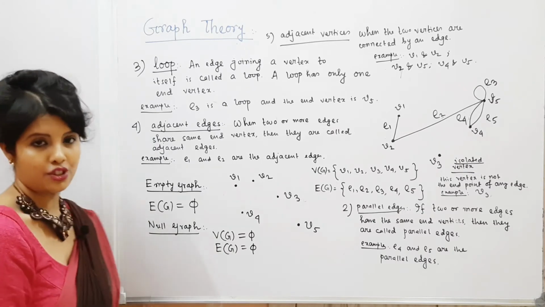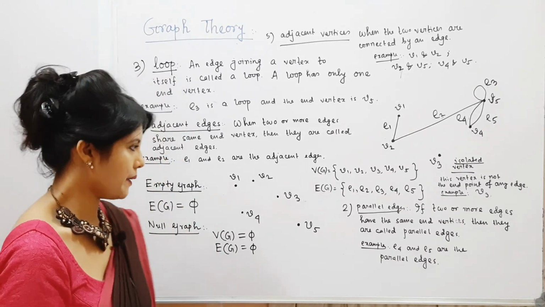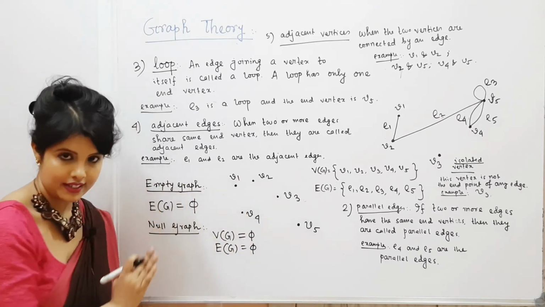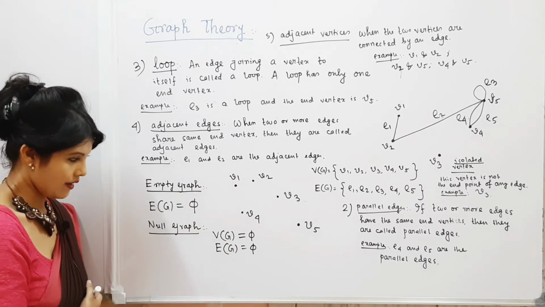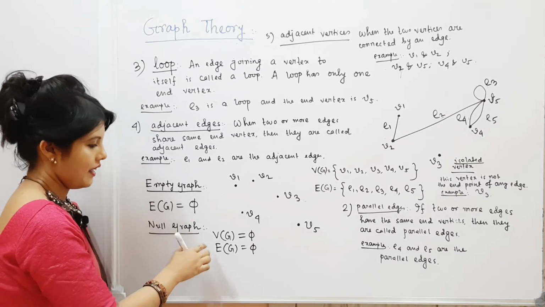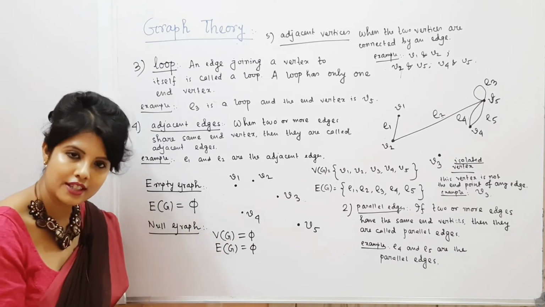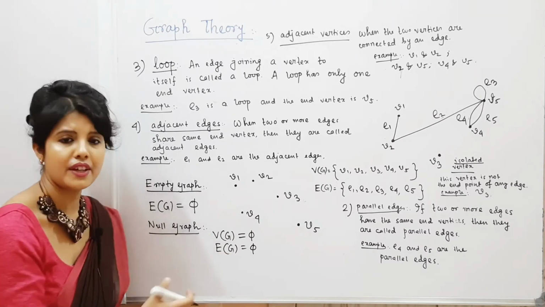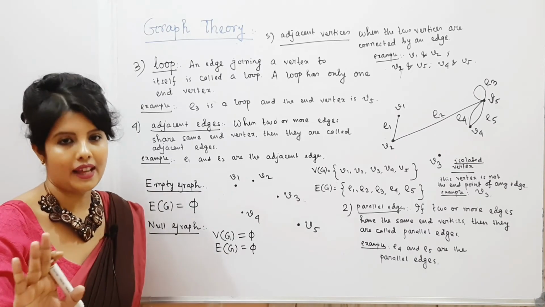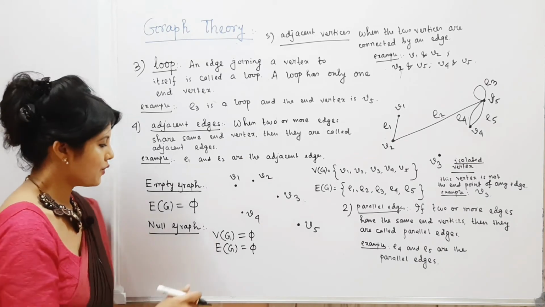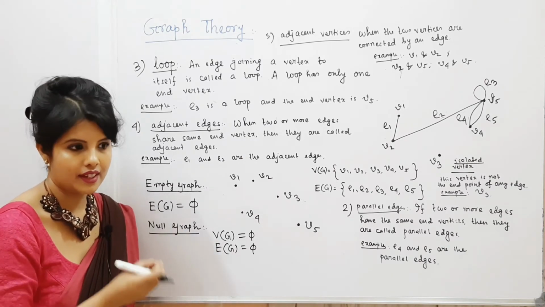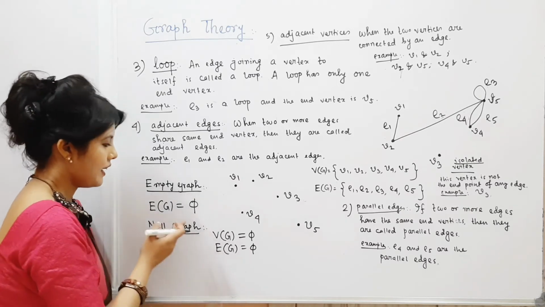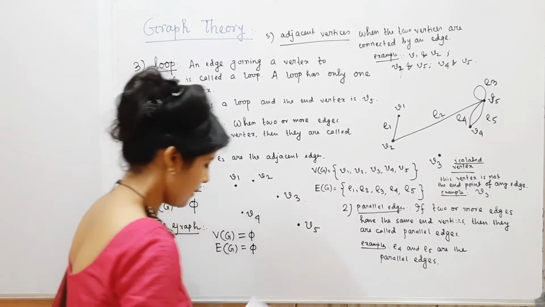This type of graph is called a null graph. So what is an empty graph? If there are only vertices, then it is called an empty graph. And what is a null graph? If the set of vertices is empty and the set of edges is also empty, that is only blank, then it is called a null graph.